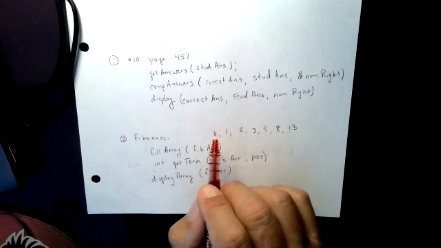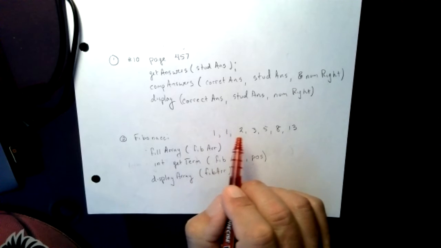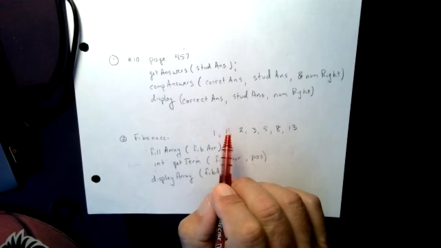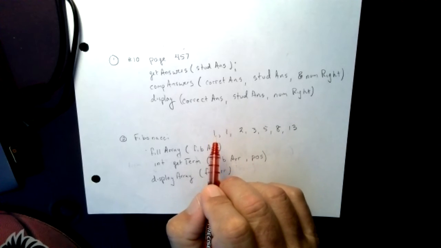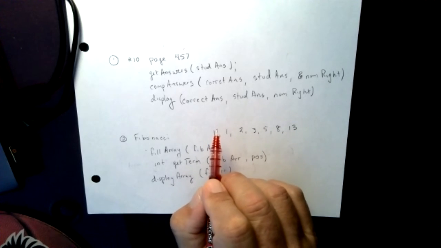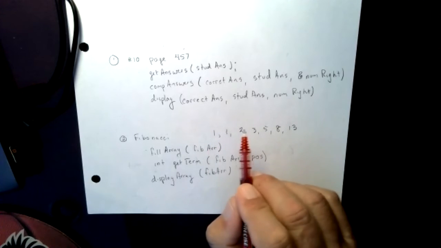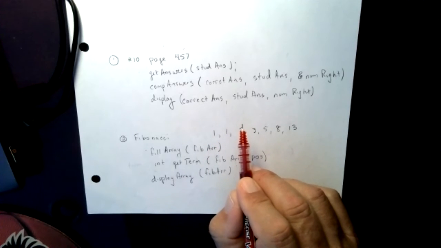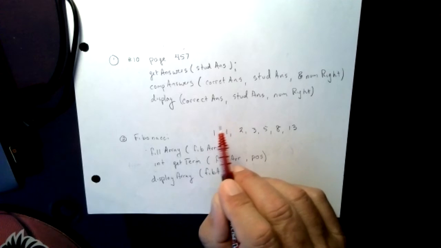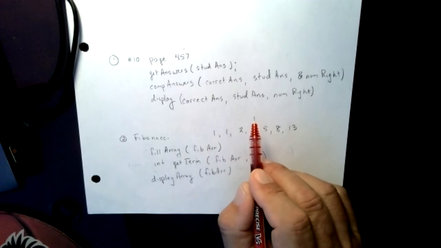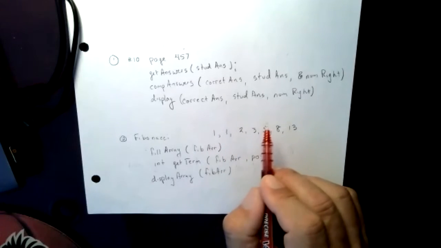So if you want, when you create this array, when you fill it, you can start with an array that's partially initialized with 1 and 1 in. Then you would start here at location 2 and say 2 gets the value of 0 plus 1. This guy gets the value of those 2.